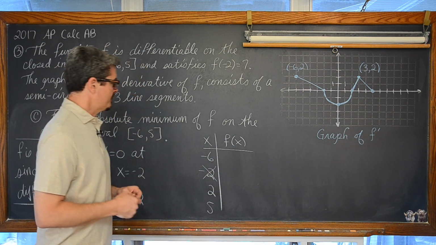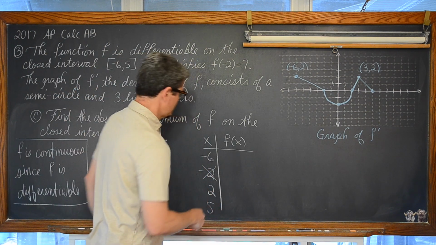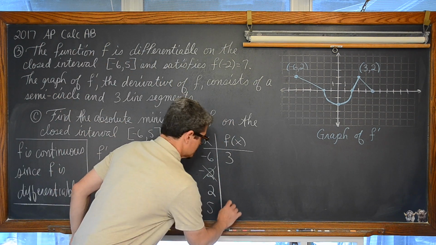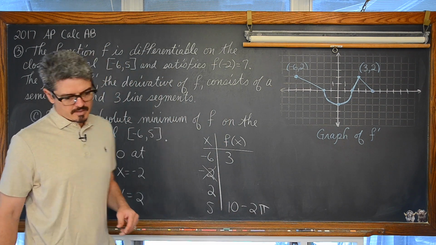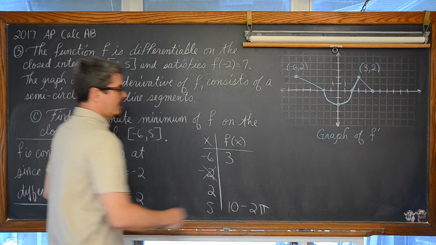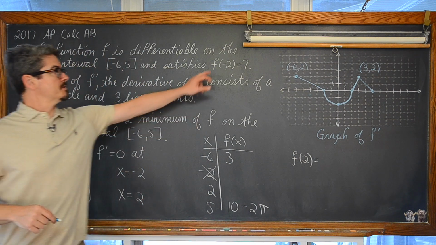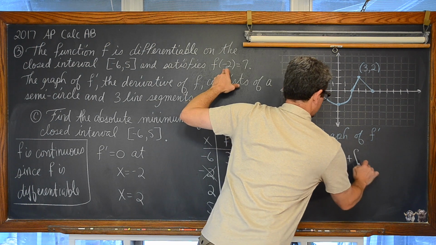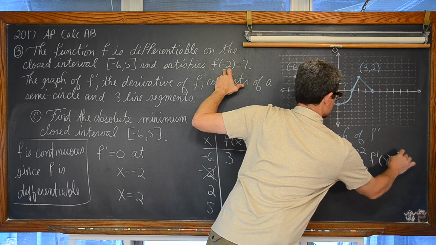Anyway, so f of -6, we already figured that out. F of -6 from part A was equal to 3. F of 5 from part A was 10 minus 2 pi, and now f of 2, this one they didn't ask us to find ahead of time, f of 2 is going to be equal to f of -2 plus a definite integral from -2 to 2 of f prime of x dx.